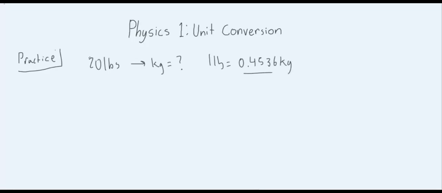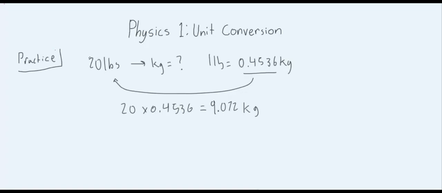So we basically take this decimal and multiply it by our original value, which was 20. So it would be 20 times 0.4536. We should get our answer in kilograms. I actually did this equation beforehand, given that it's a decimal. And the answer should be 9.072 kilograms.